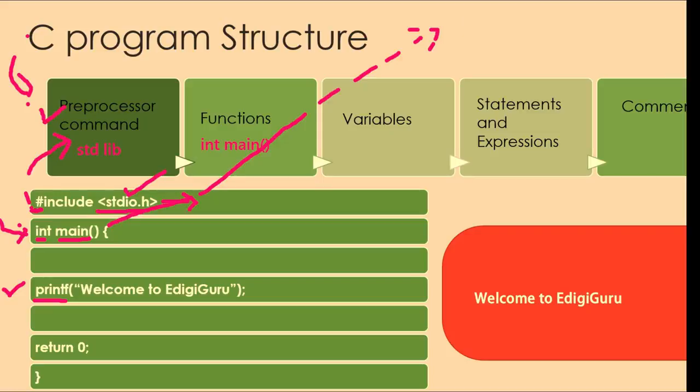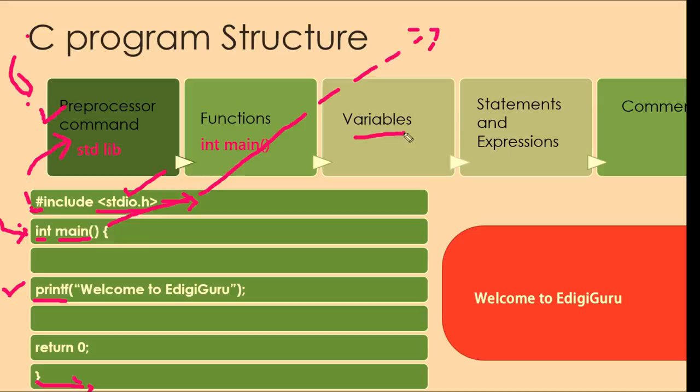It is the opening brace of main, from where the scope of main will start, and where the closing brace of main is, the scope of main will end. So these two curly brackets imply the scope of the main function, right?